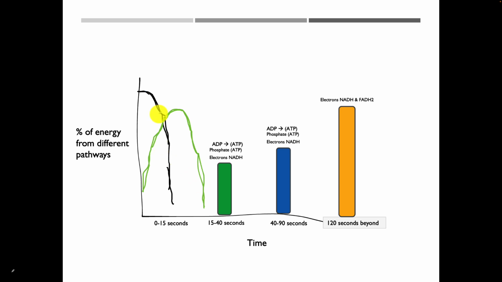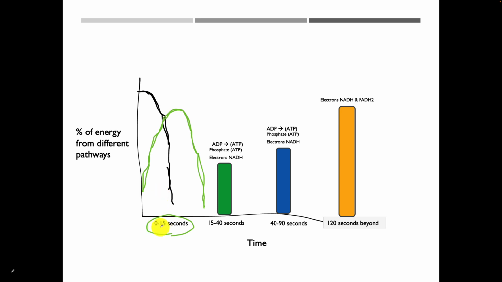If you're a football player and you are a defensive lineman and your job is to tackle the quarterback, well, you're going to explode for about 10 to 15 seconds and you're going to deplete the ATP in the muscles and you are going to recruit the phosphocreatine system to help regenerate that ATP, right? So some athletes spend their entire career within the ATP-PC system, okay? And that only gives us about 15 seconds worth of energy.